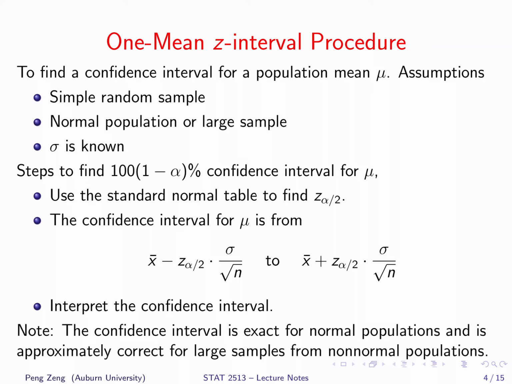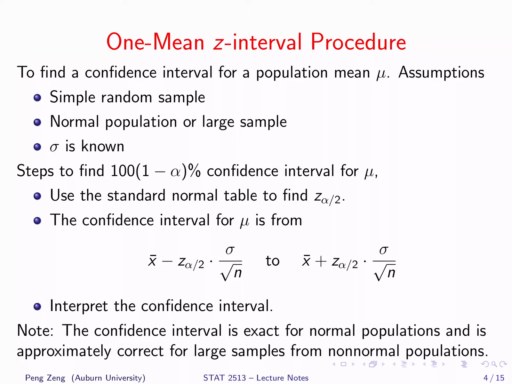Follow the steps below to construct a 100(1 minus alpha) percent confidence interval for mu. First, we need to identify the number alpha and then use the standard normal table to find Z alpha over 2. Next, calculate X bar, the sample mean, from data.